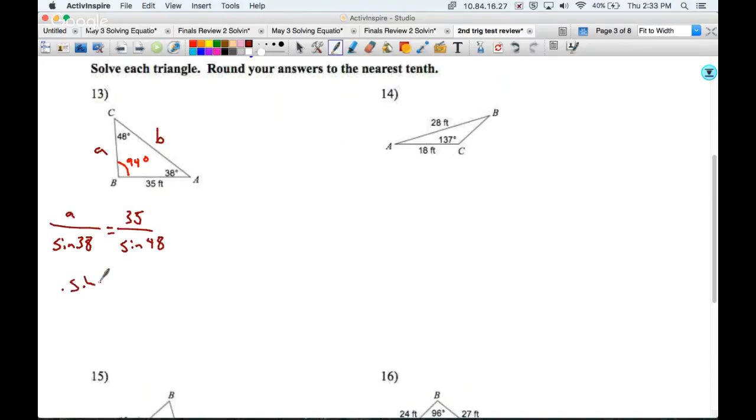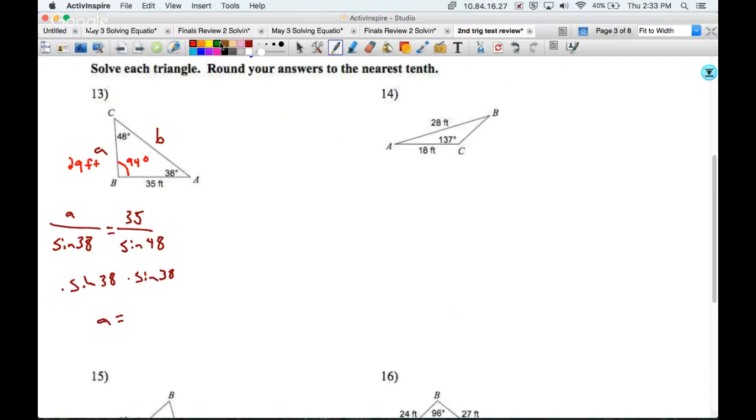Multiply sine of 38 to both sides. And we get A equals 35 divided by the sine of 48, multiplied by the sine of 38. 28.99. We'll just round that up to 29 feet.